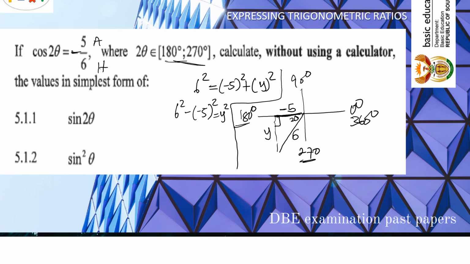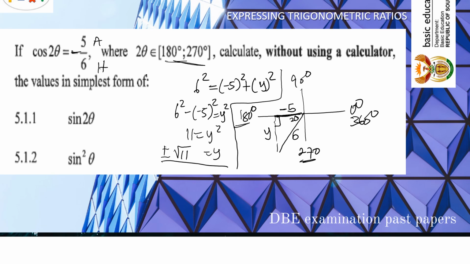Then y squared equals 6 squared, 36, minus 5 squared, 25. 36 minus 25 is 11. So 11 equals y squared. Then I apply the square root, and y is plus or minus root 11.